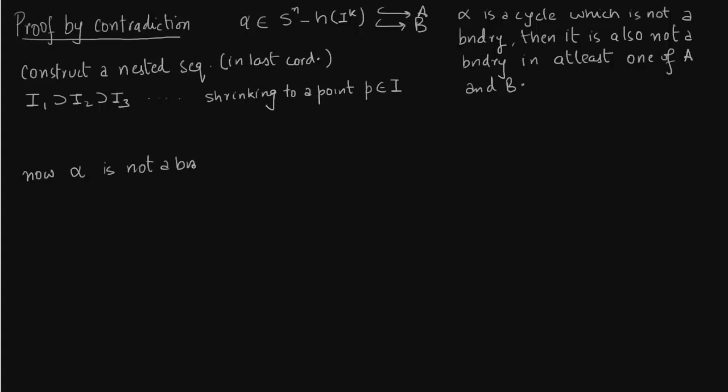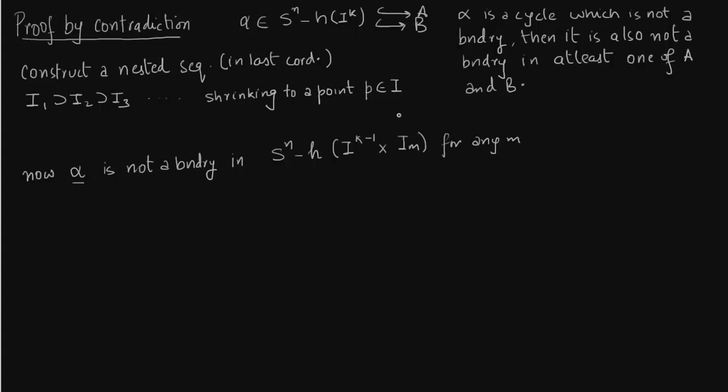So alpha is not a boundary in Sn minus H Ik minus 1 times Im. Yeah, because we have said it is not a boundary. So this is true for all m. Yeah. So for any m, this is true.